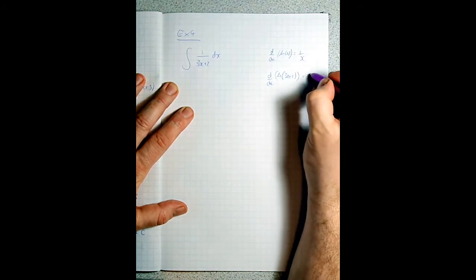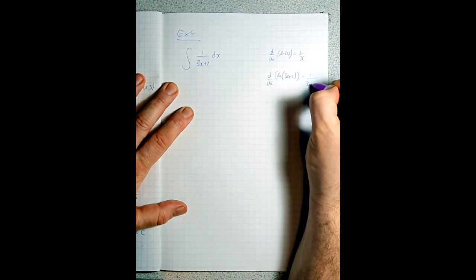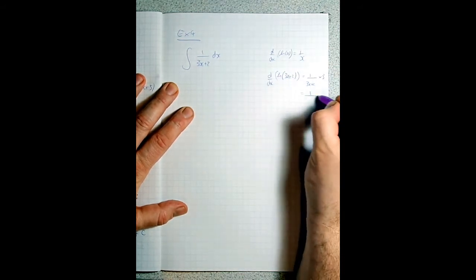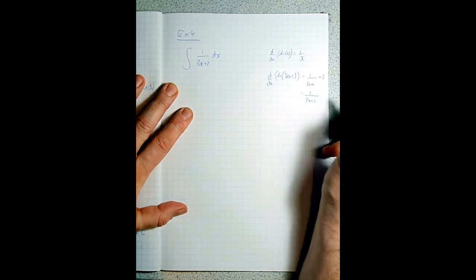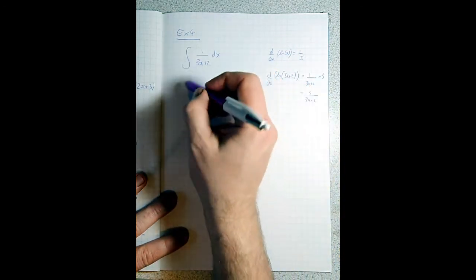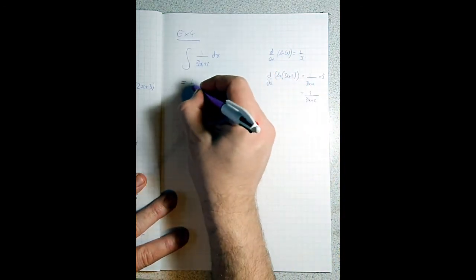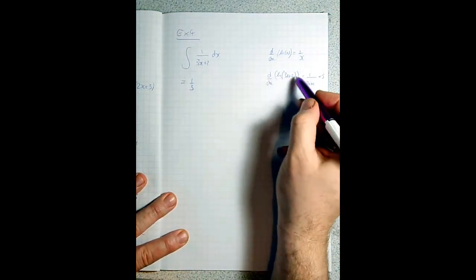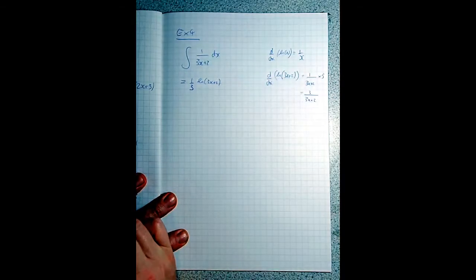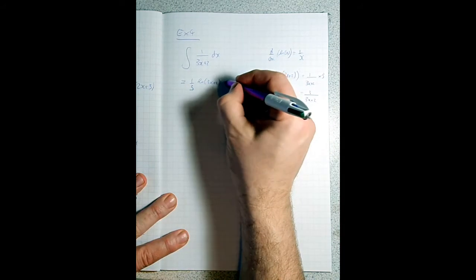Chain rule says 1 over 3x add 2 multiply by the derivative, which is 3 over 3x add 2. Well, that's 3 times too big, so the integral must be equal to a third of log 3x plus 2 plus c.